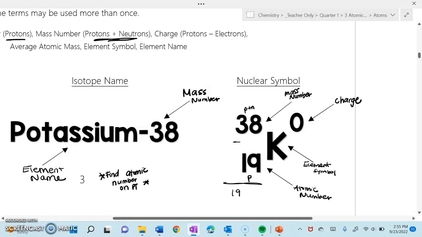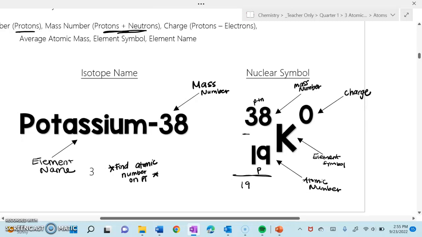In this case, it happens to be the same number as the protons, but it's not always that way. If I had a mass of, let's say, 39, then I would have 20 neutrons. If I had a mass of 40, I would have 21 neutrons. So my number of neutrons will vary, and that's what will change the mass. But my atomic number will stay the same if it's the same element, and that will only apply for the identity. If I change the protons, I have a new element, and it's no longer potassium.